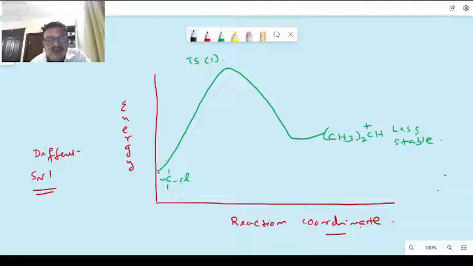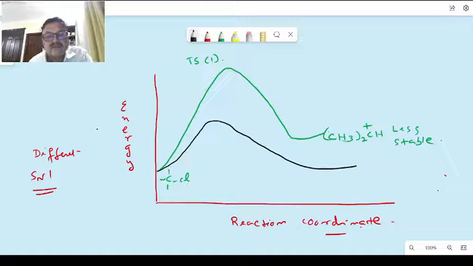See, now for the tertiary carbocation, something like this we can draw.